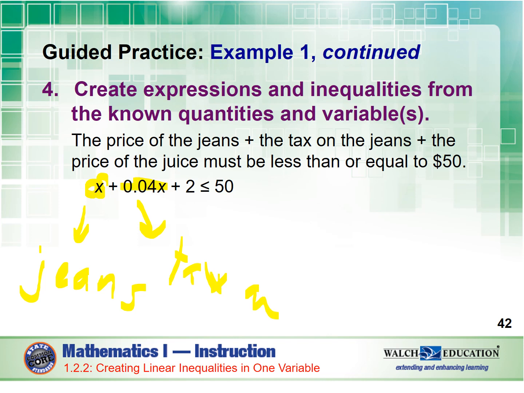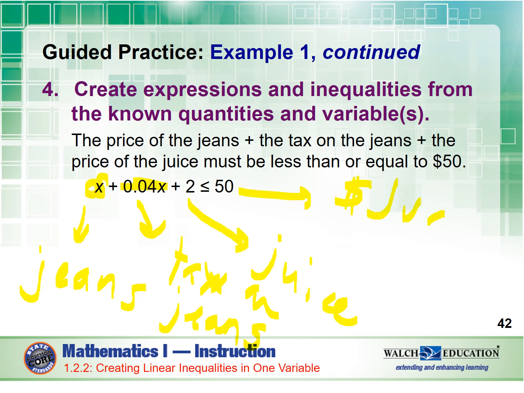Tax on jeans plus the price of the juice is less than or equal to the amount of money Juan has. The price of the jeans plus the sales tax for the jeans plus the $2 juice that he's going to buy needs to be less than or equal to $50. He can spend $50, but he can't spend more than $50.